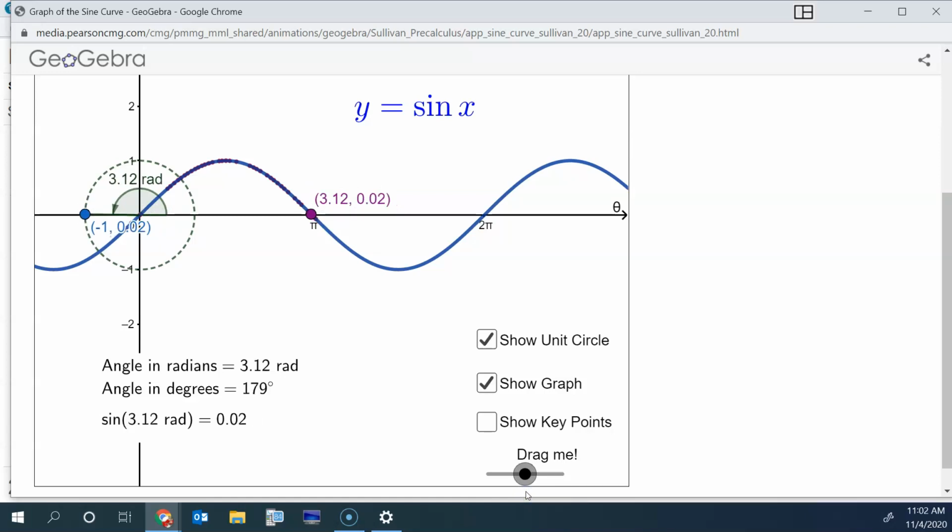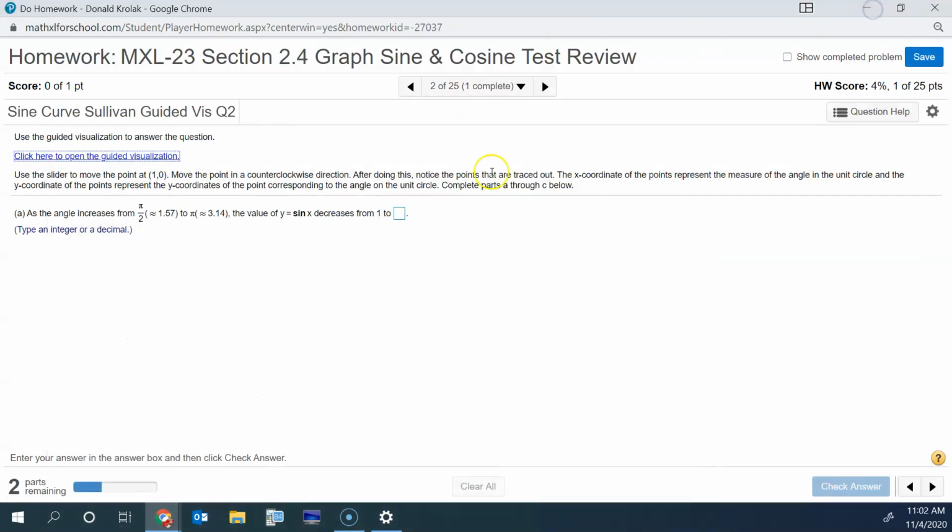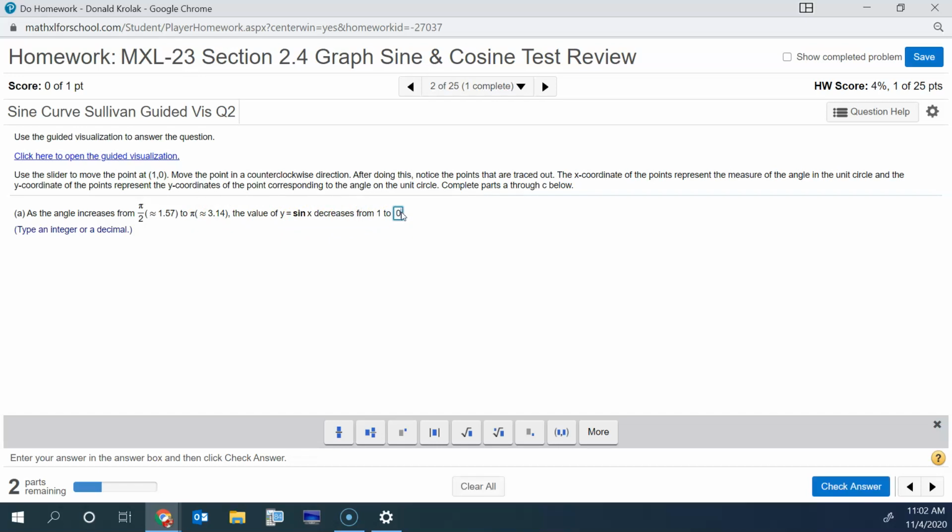You can use the arrow keys too on your calculator. It was at 1, and then it decreases to 0 when I'm at pi. So the answer to this part is from pi over 2 to pi, the sine value decreases from 1 to 0.